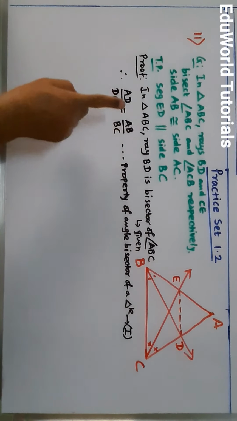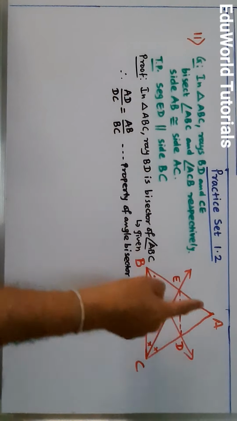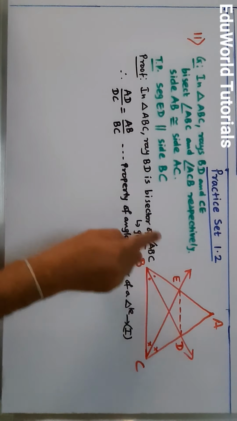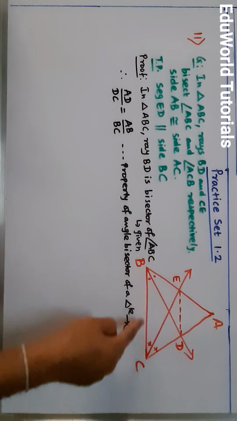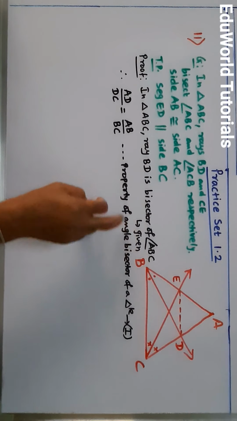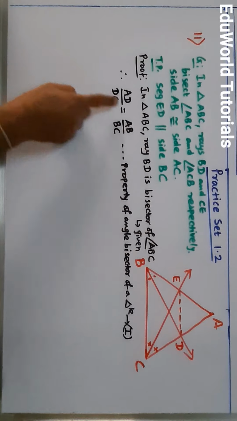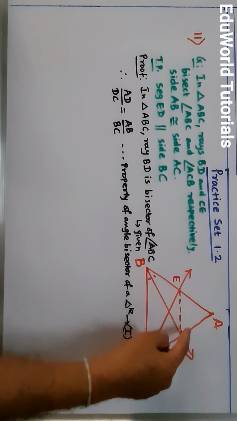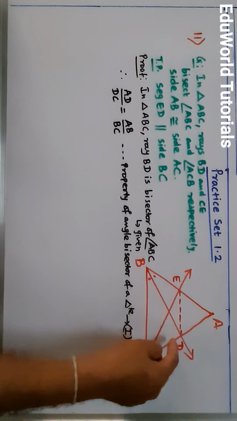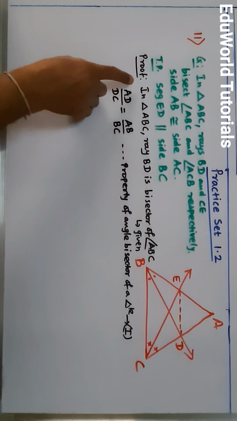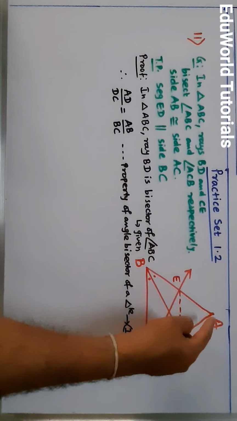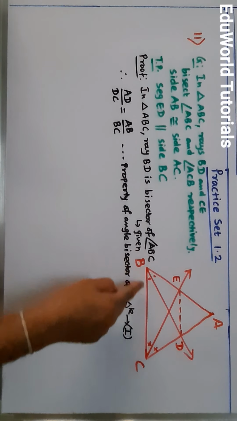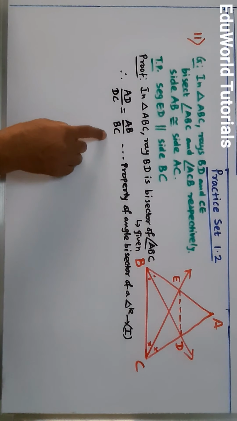So students, as I explained, we consider triangle ABC. In triangle ABC, ray BD is bisector of angle ABC. So this is given. So AD upon DC: opposite side of angle ABC is side AC. The two parts in which it is divided are AD and DC. The ratio of these two parts, AD to DC, is equal to ratio of the remaining sides of the triangle, that is the ratio of side AB to side BC, AB upon BC.